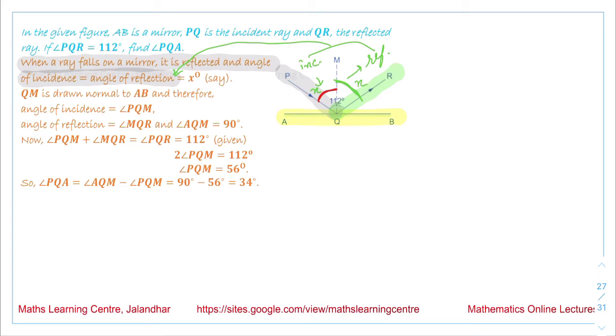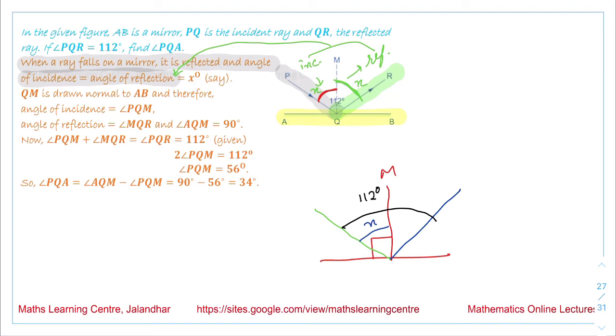Now if we draw the figure again, this angle is 90 degrees, this is M over here, then PQ is the incident ray and QR is the reflected ray. What is given to us is that this whole angle is 112 degrees.